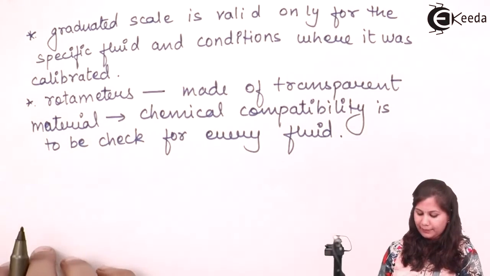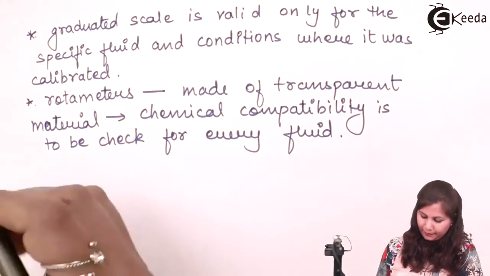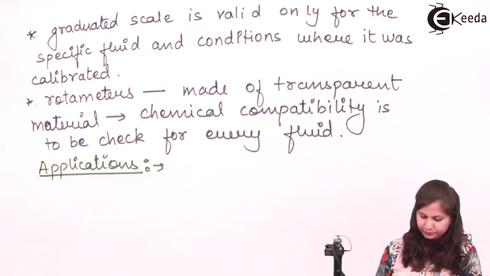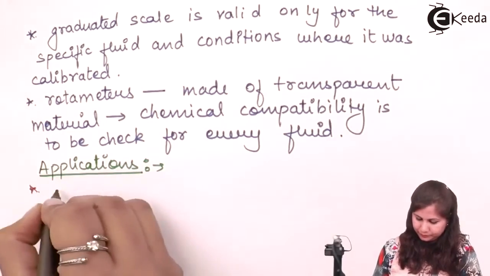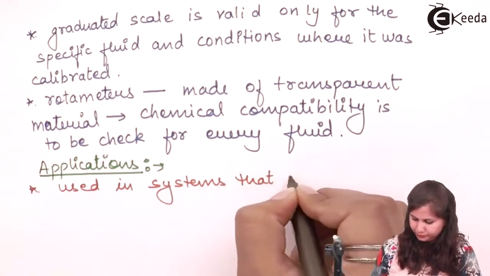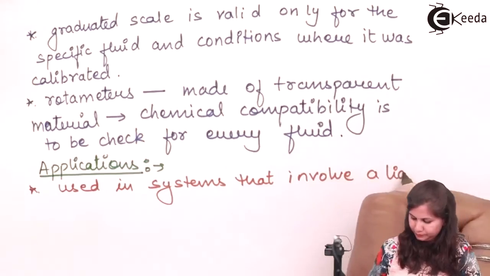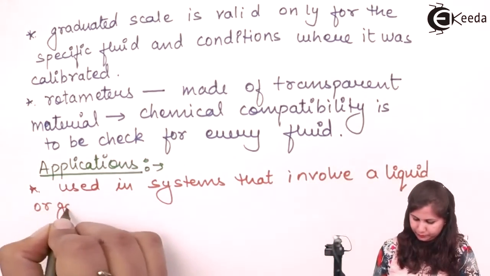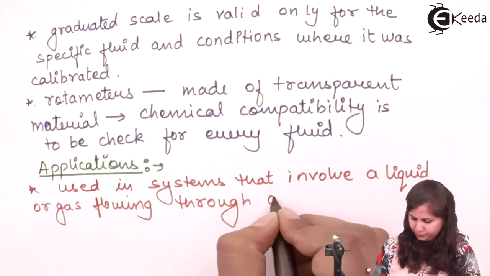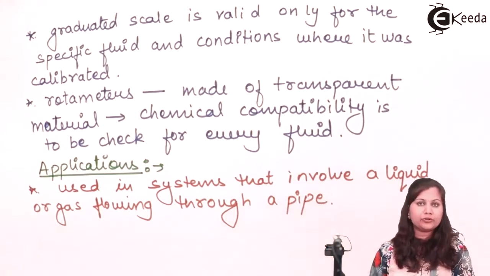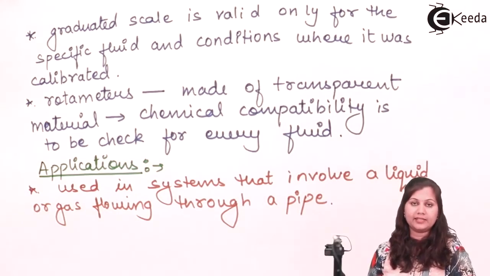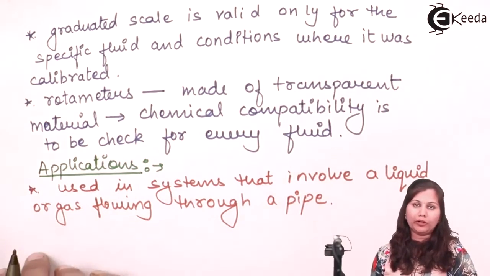Now comes its applications. Rotameters are used to measure the flow rate in systems where a liquid or a gas is flowing through a pipe or a tube.